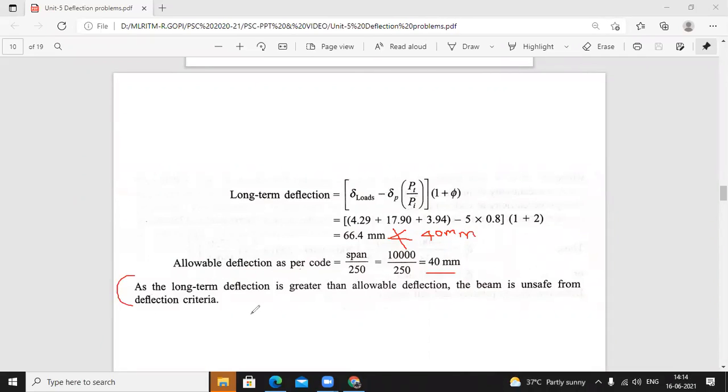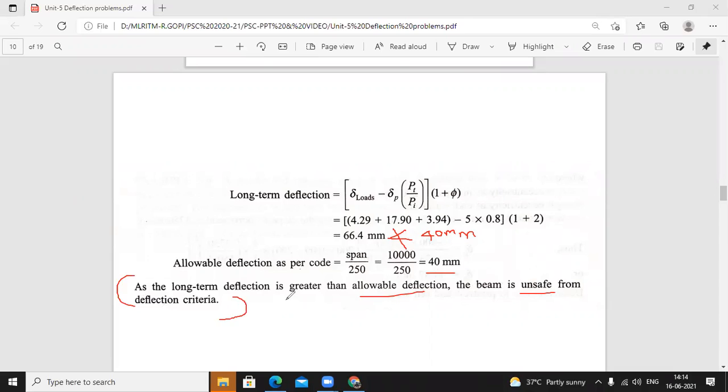So the final result: as the long-term deflection is greater than the allowable deflection, allowable and permissible are the same, the beam is unsafe from the deflection criteria. So what we have to do is increase the depth of the beam.